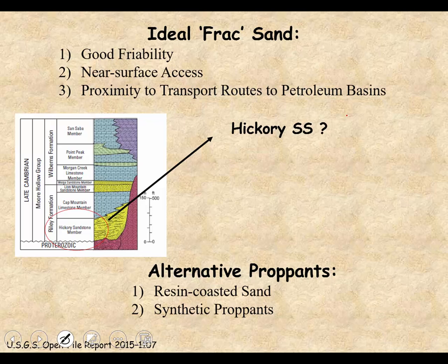Okay. The other thing is because it wasn't buried very deep, it's not highly cemented, and so it's more friable. And so the geologic history of that sandstone, in terms of its diagenesis and burial history, and of course its proximity to Texas hydrofracking, has made it a good alternative.